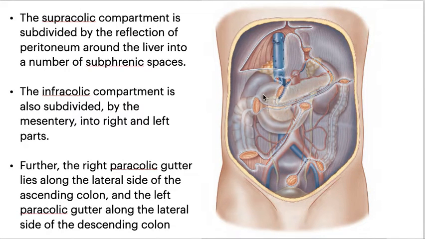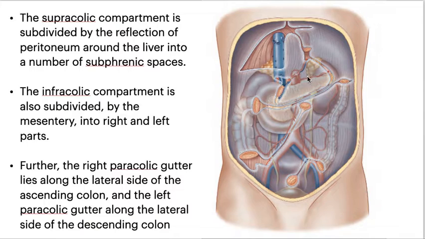So you can see over here, this is the transverse mesocolon, this is the supracolic compartment, and this is your infracolic compartment. Now, the supracolic compartment is subdivided by the reflection of peritoneum around the liver into a number of subphrenic spaces, right? Subphrenic, that is below the diaphragm.